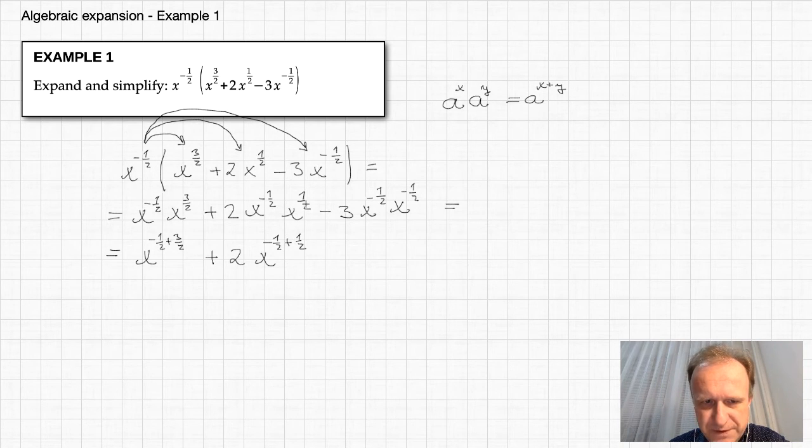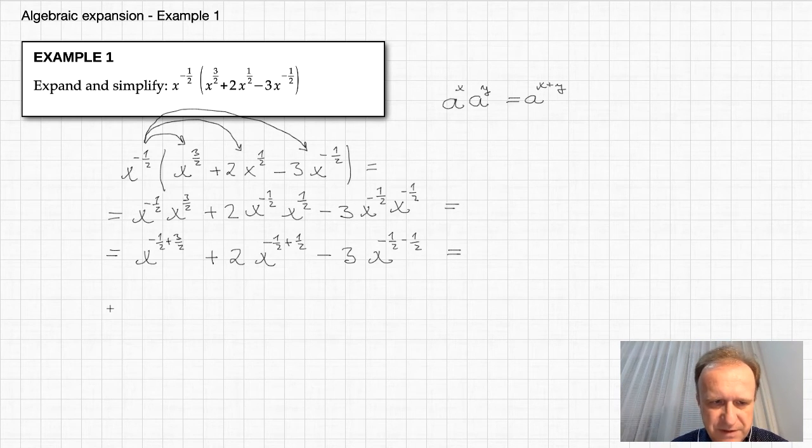So I have to sum the powers, and minus 3 times x, and again you have the same base, you have to add these powers, so it's minus 1/2 plus minus 1/2, which means you write minus 1/2, because if you add a negative number, it's the same as leaving out the plus symbol.